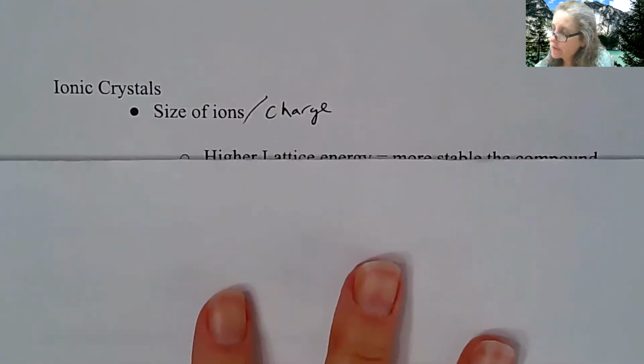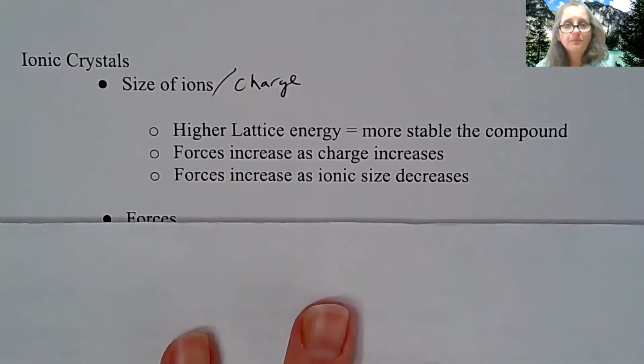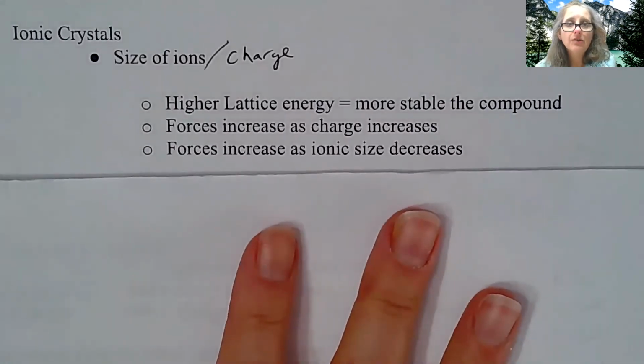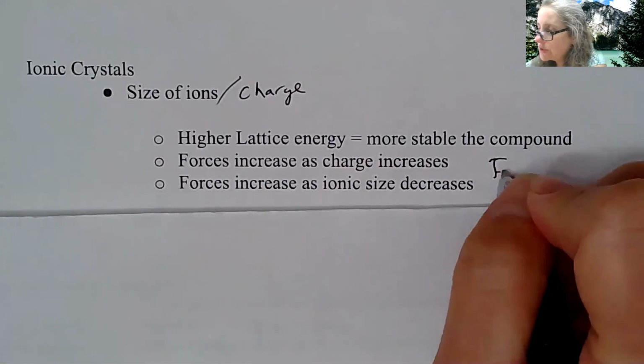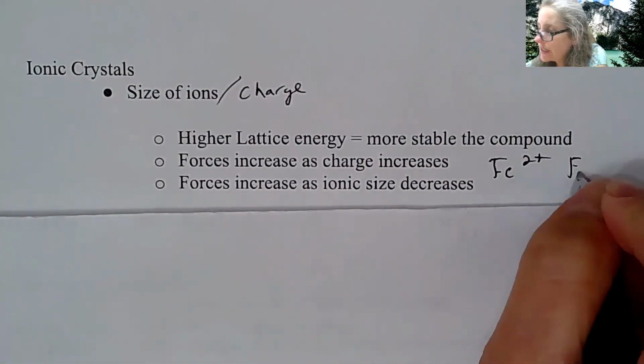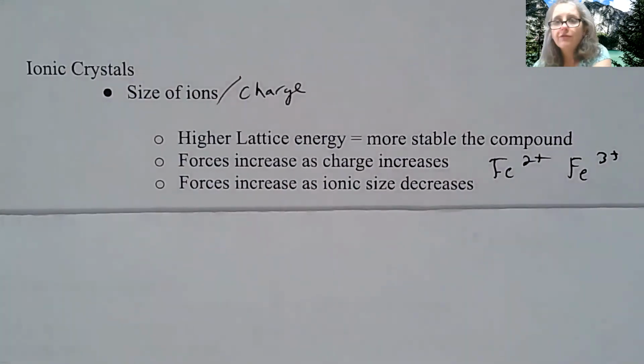So ionic crystals are going to depend upon what we call the lattice energy, okay? The more stable the compound is going to be, the higher the lattice energy is. So of course, as we talked about with Coulomb's law a couple chapters ago, forces increase as charge increases, okay? So if I have an Fe2 versus an Fe3, I have a difference in force if I have an iron 2 chloride crystal versus an iron 3 chloride crystal.